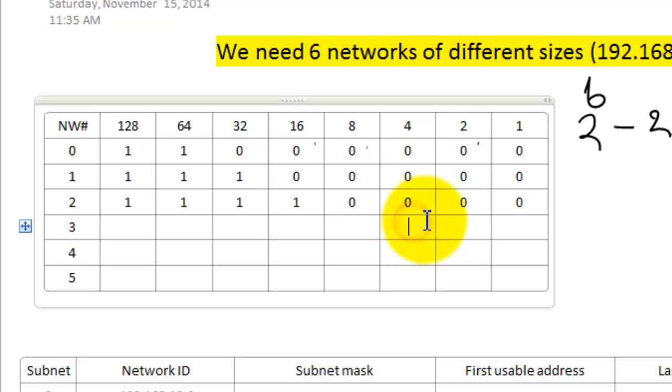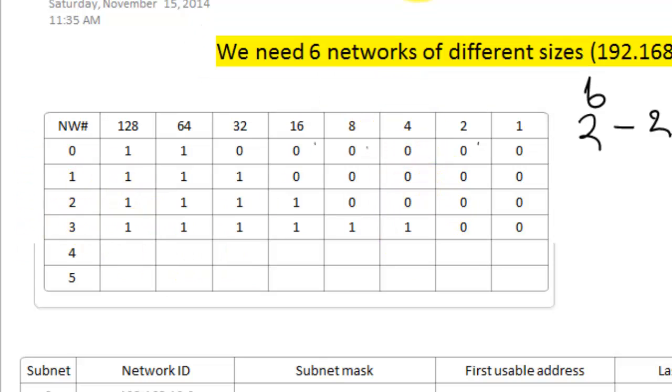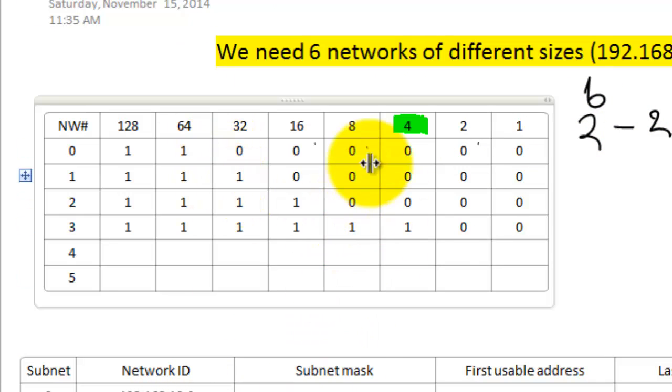So 1 here, and 0 to the right of that. Here you fill it with ones, 1, 1, 1, 1, 1. So again here, the magic number is 4. How many hosts? This will be 4 minus 2, which gives you 2. That's 2 hosts, which is 2 IPs. Okay. The magic number is 4.